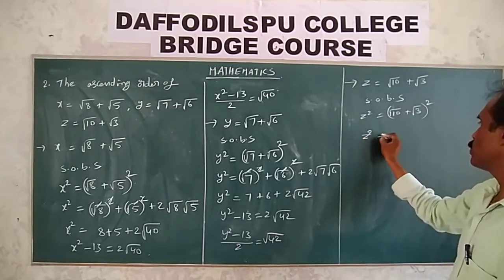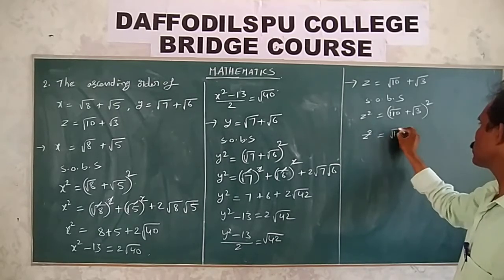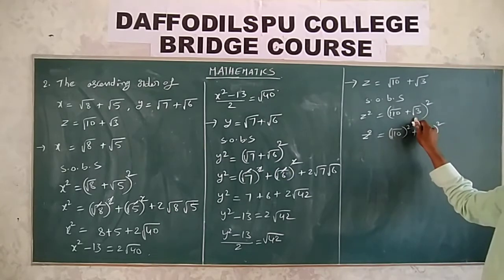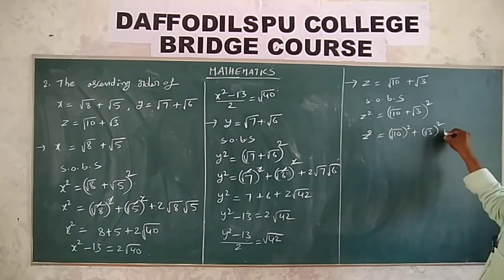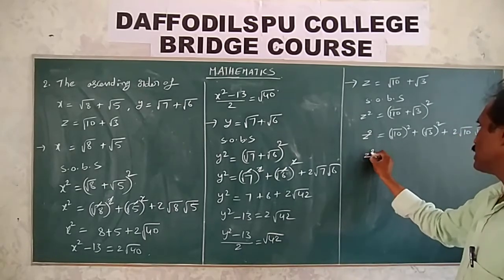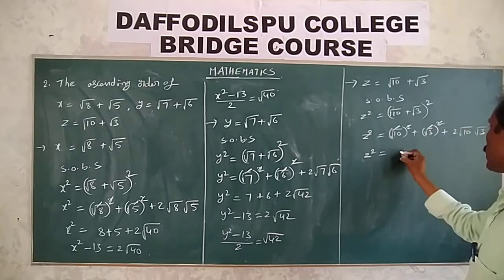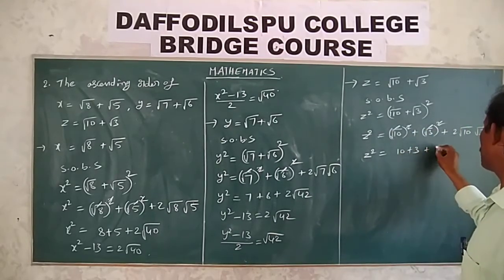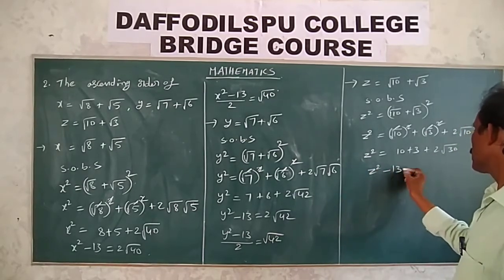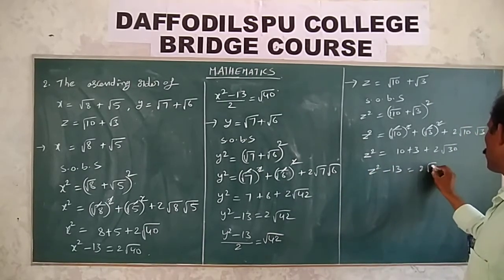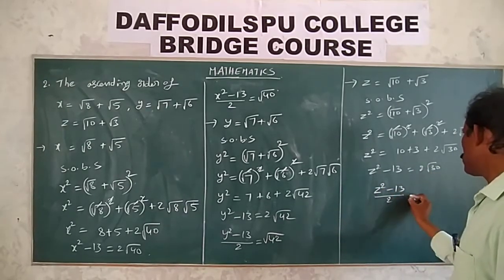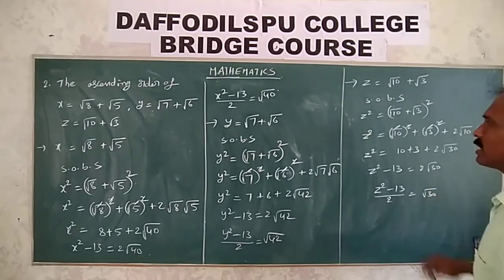Expand with the identity a square plus b square plus 2ab. That implies z square is 10 plus 3 plus 2 root 30. z square minus 13 is equal to 2 root 30. Therefore, z square minus 13 by 2 is equal to root 30.